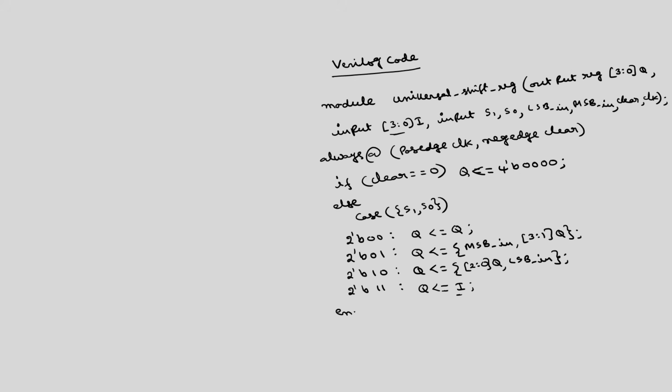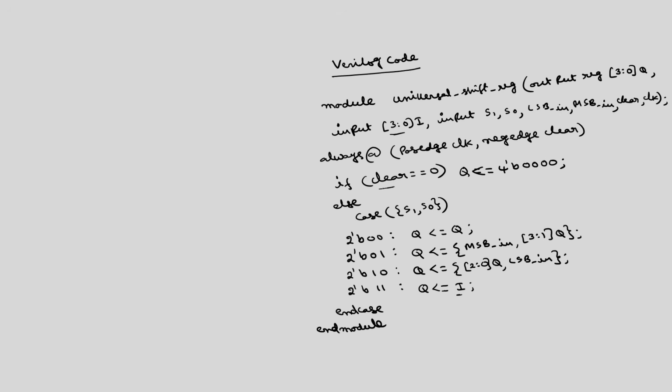End case, end module. This is the Verilog code for a universal shift register, which can perform the 4 operations: it remains in the same state, shift left, shift right, or we can load the parallel data. With an additional thing, whenever clear is equal to 0, the flip flops will be cleared to 0 0 0 0.